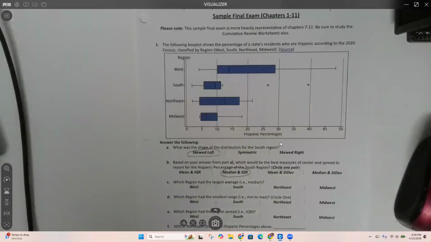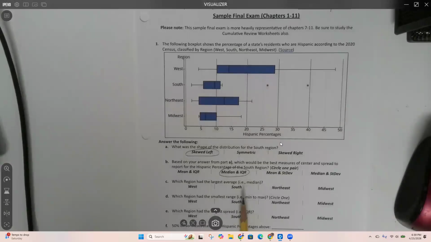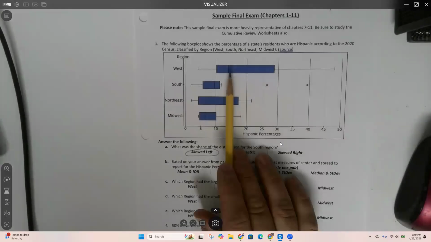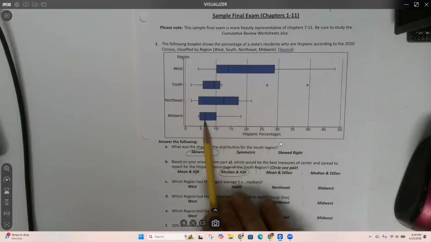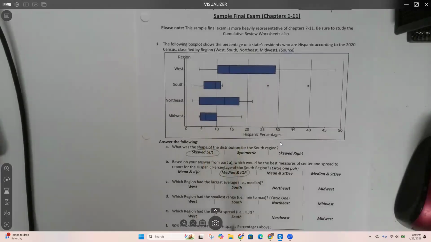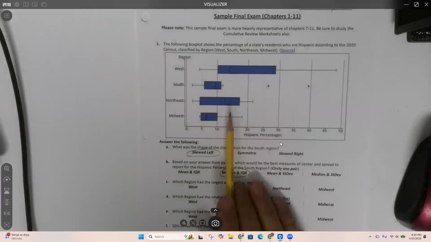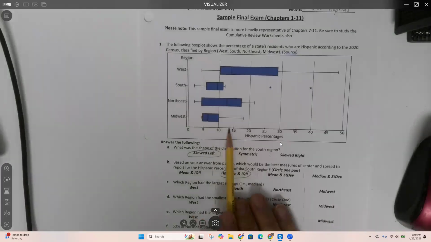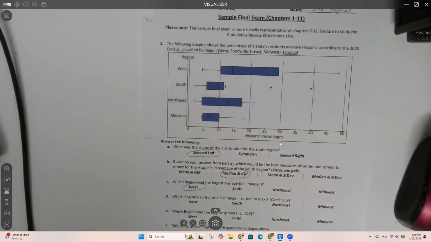Yvette says the Northeast, Gabby says the West. The median is the middle line right here, and whichever of these lines is farthest to the right is the biggest. It looks to me like the West is just a tiny bit farther to the right than the Northeast. I'm going to go with West.